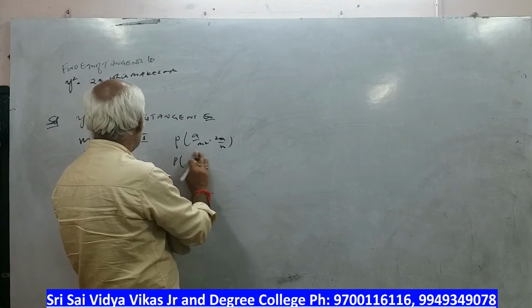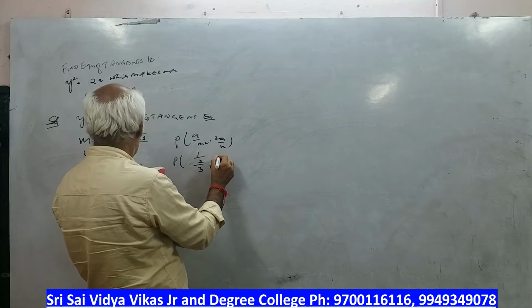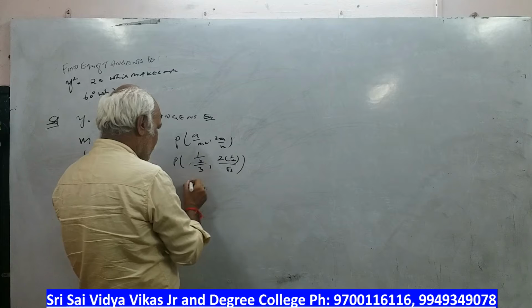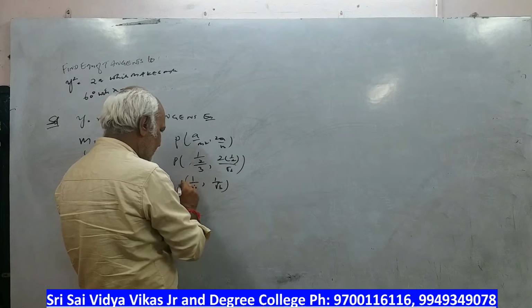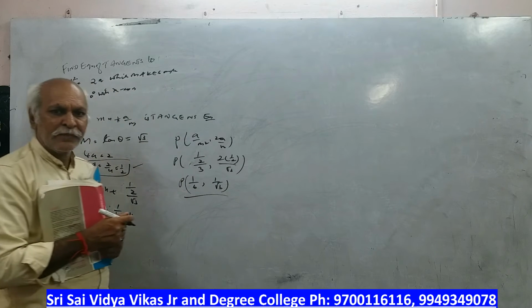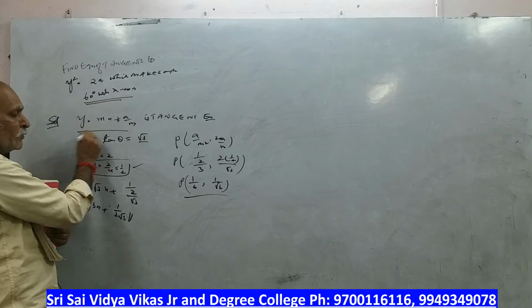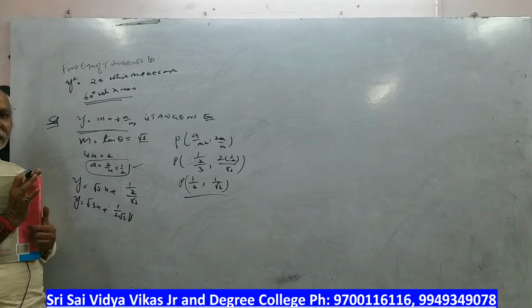A value is 1 by 2, by root 3 square is 3. 2a means 2 into 1 by 2, by m which is root 3. So 1 by 6 comma 1 by root 3. So we got point of contact. So here again the angle is given, so same formula. So tangent in three different forms. One is parallel, one is perpendicular, next making angle.